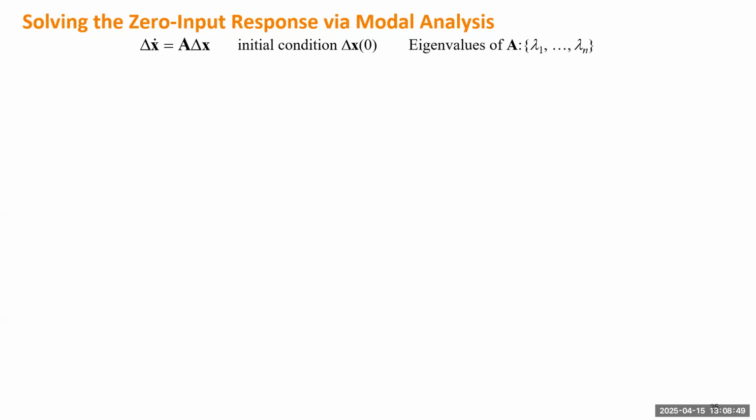But I have to emphasize that what I'm going to talk about for this modal analysis approach is not new. So I assume you have already taken a linear system or linear control theory class. So any conclusion, any formula here shouldn't be unfamiliar to you, right? You should be able to see similar conclusions, okay?